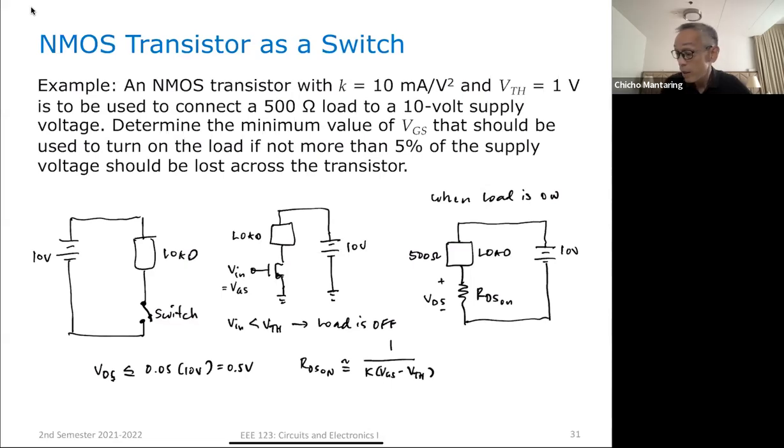Now from the point of view of it being a resistor, if you only have 0.5 volts across it, you can compute for the minimum value of RDS on using voltage divider.